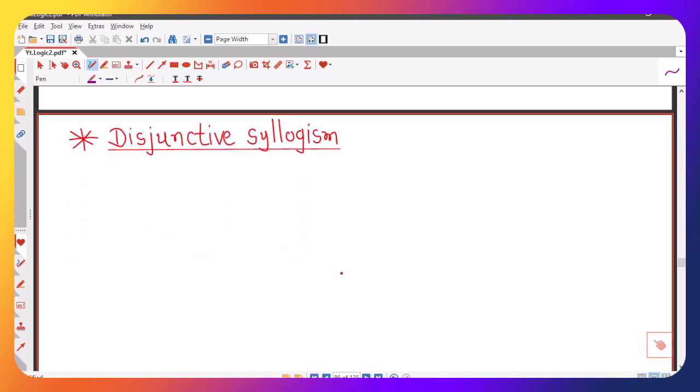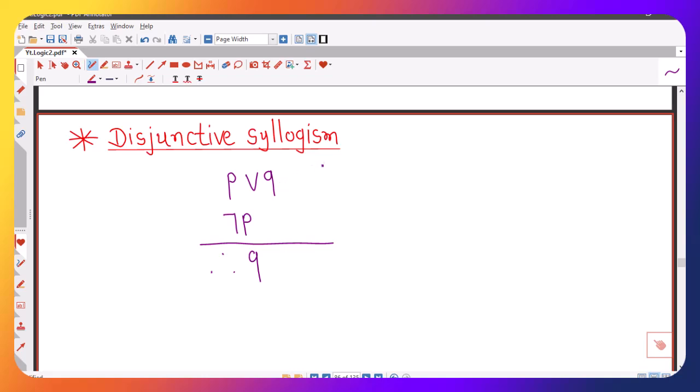Next one is disjunctive syllogism. This says that suppose we have two propositional variables p and q, and we have premises p or q and negation p. So this disjunctive syllogism says that whenever these two premises are true, then conclusion q is also true. Here this is also easy to remember.